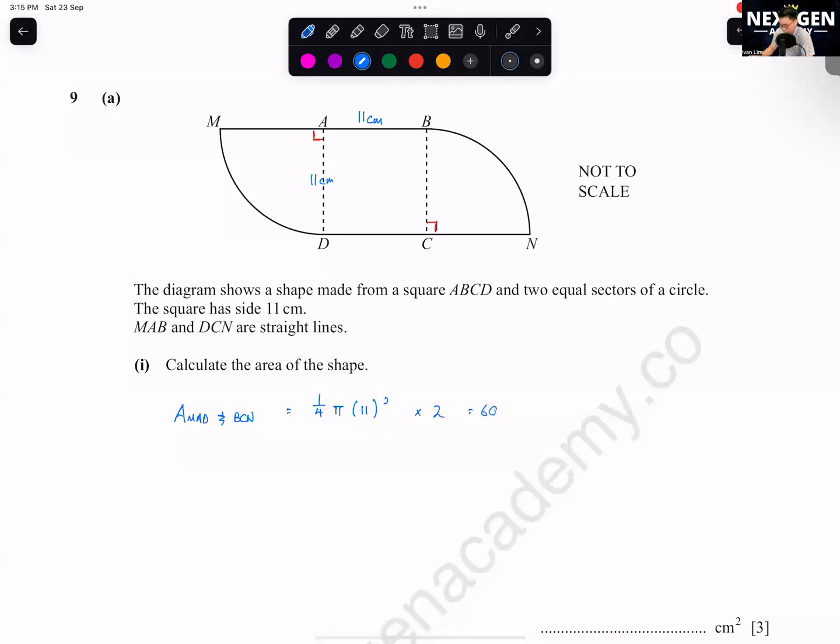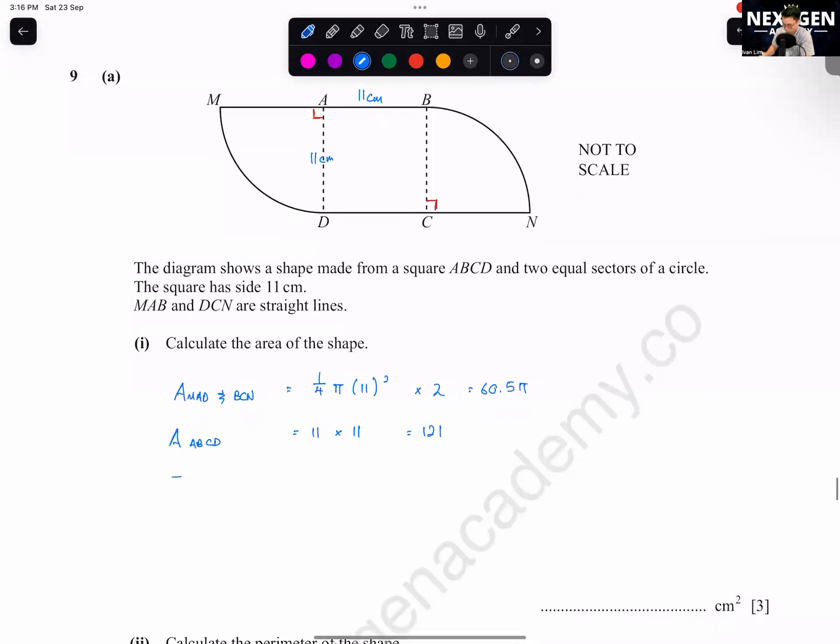You'll get 60.5 pi over here. Then the area of ABCD will be 11 times 11, which equals 121. The total is 60.5 pi plus 121, which you'll get 311.